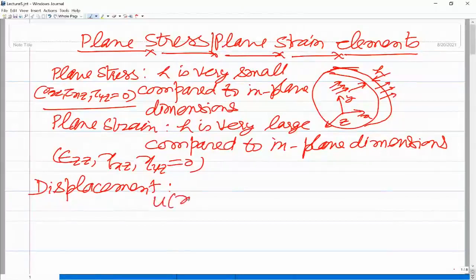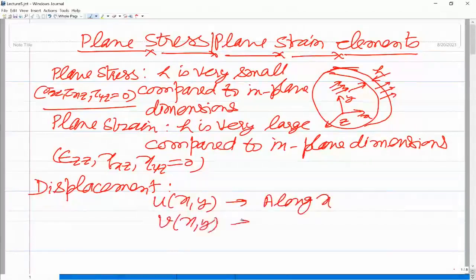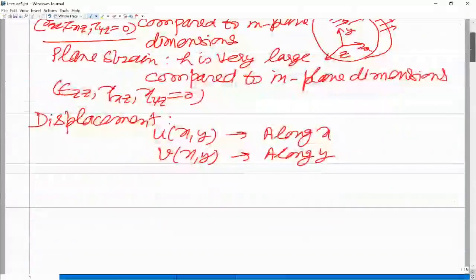So u will be a function of x and y, and this is the displacement along x, and v would be the displacement along the y direction. These are the two primary variables.